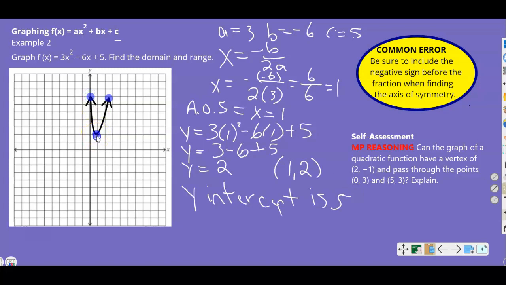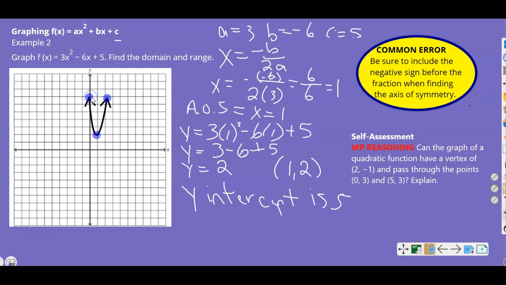You do need to have at least 3 points to graph it, or you're not going to get the U-shaped quadratic graph that you need. But if you have at least 3 points, you can graph the quadratic function.